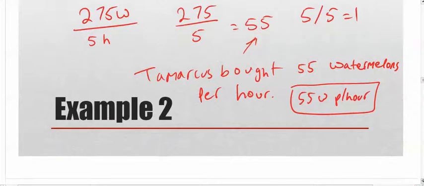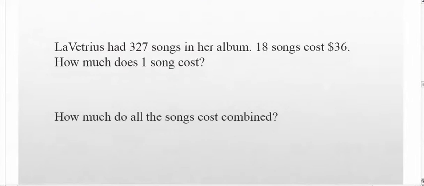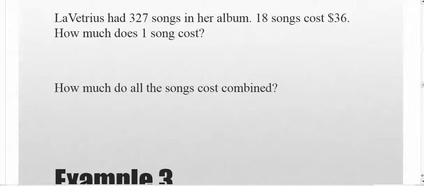And then our final example for unit rates is this one. So Lavitrius had 327 songs in her album. 18 songs cost $36. How much does one song cost? So you would just do $36 divided by 18 songs, so S for songs, which equals, well, divide that out.